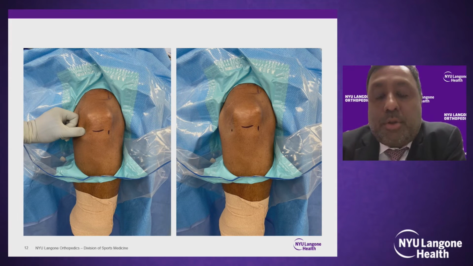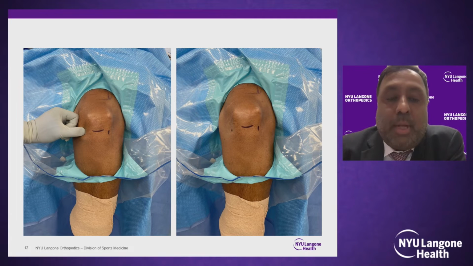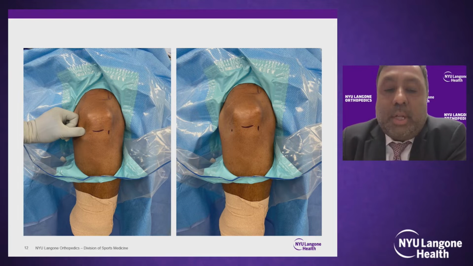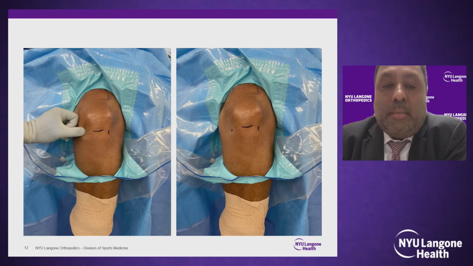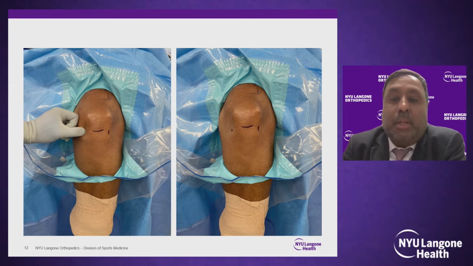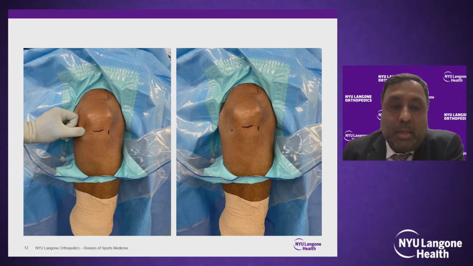Portal positioning is also critical. Though it has been described that people utilize a 3 portal with an anterolateral, anteromedial, and then an accessory anteromedial portal, I think most of us can do this technique using just 2 portals: the standard anterolateral portal, which hugs the patellar tendon, and then an anteromedial portal, which is basically down right at the joint line and approximately 1 centimeter in front of the medial femoral condyle.